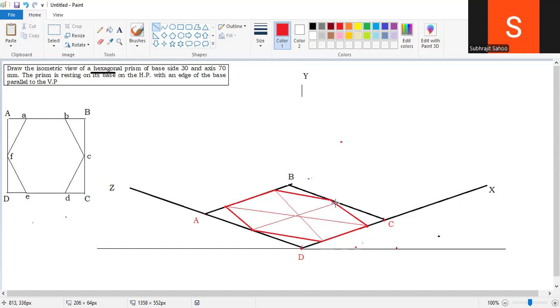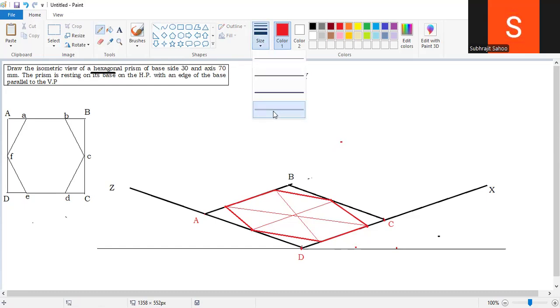See, some problem is coming here, right? Okay, like this, I have to measure. Right, this is the center point.